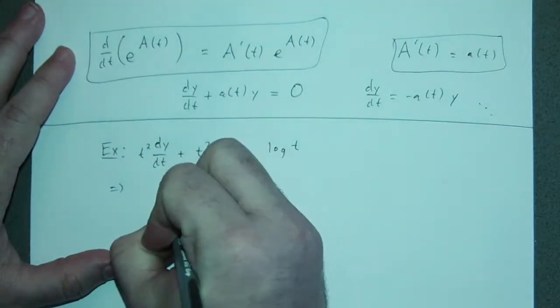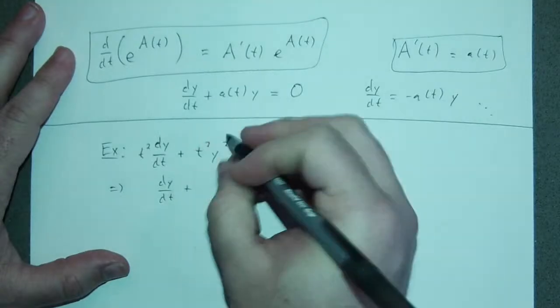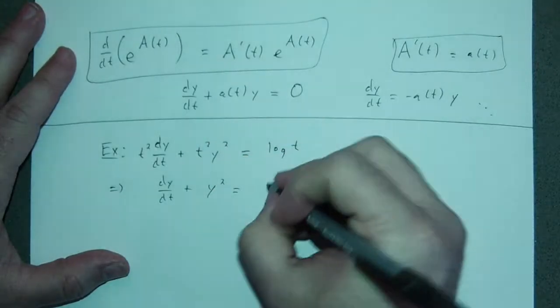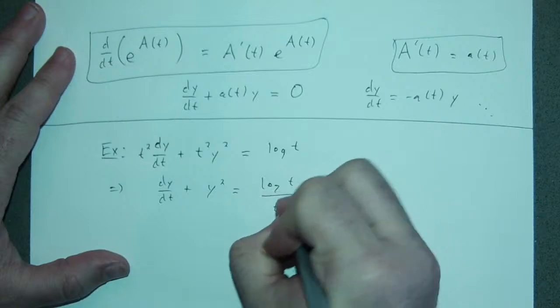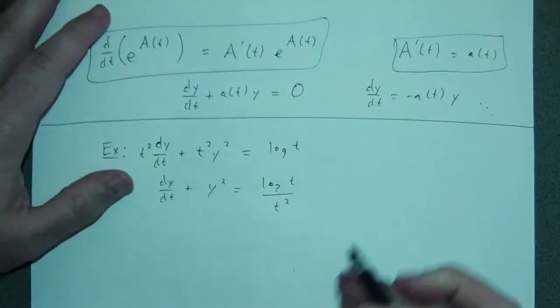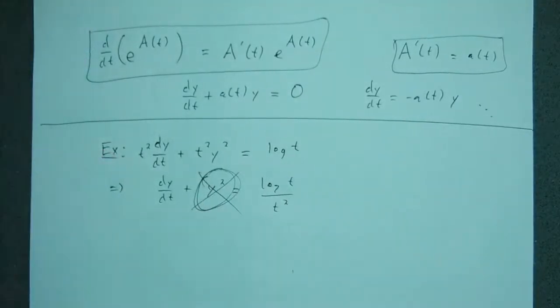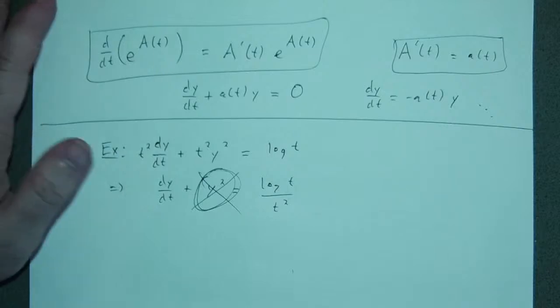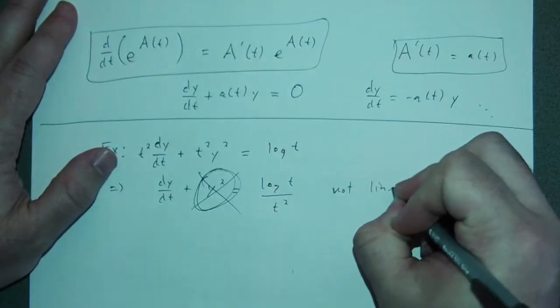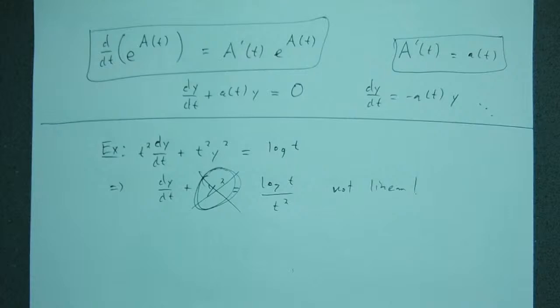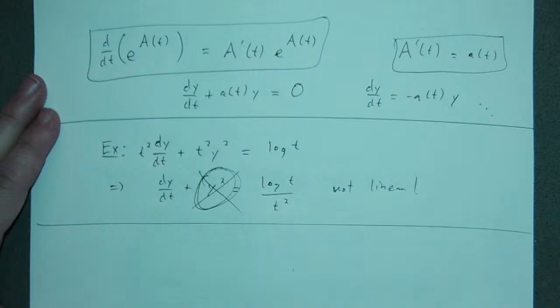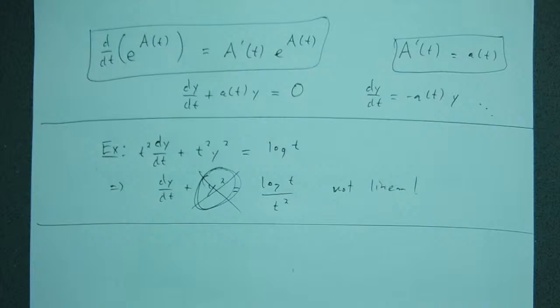So this is dy/dt plus y squared is equal to log t over t squared. But then you notice there's a problem here. Having a y squared there is not allowed, so this is not linear. And there's nothing for me to do with this thing. Some of these nonlinear equations we will have a way to deal with, but sometimes you're just stuck. So I can't do anything with this one.